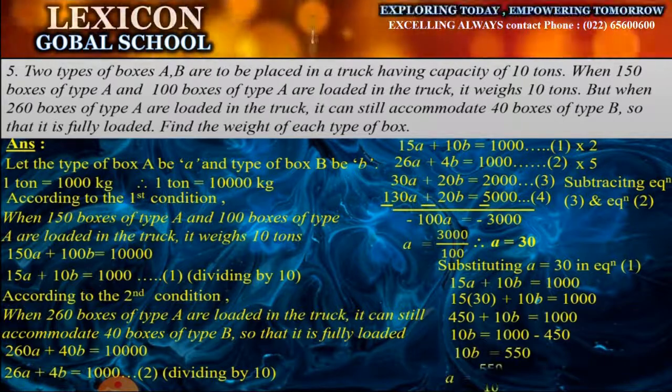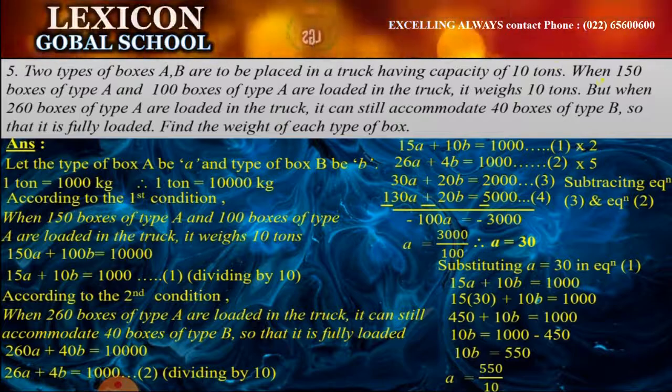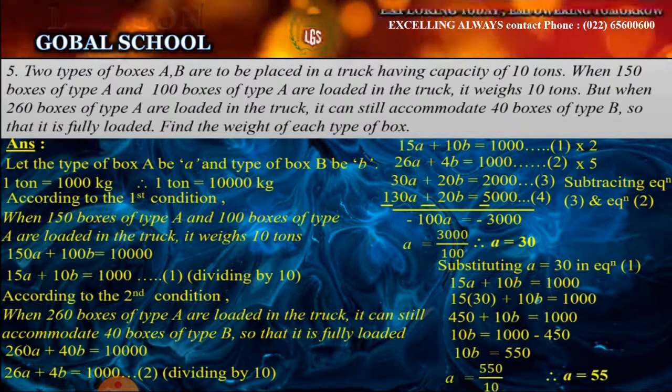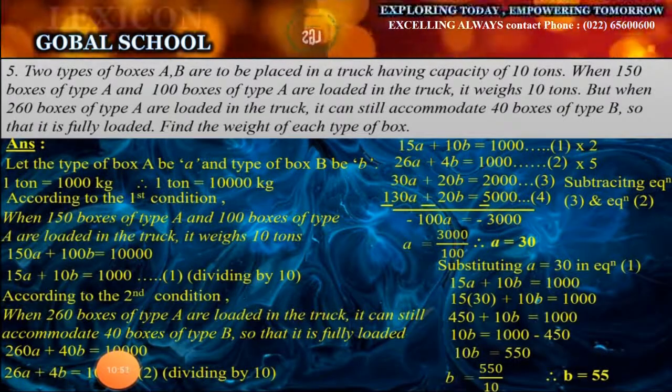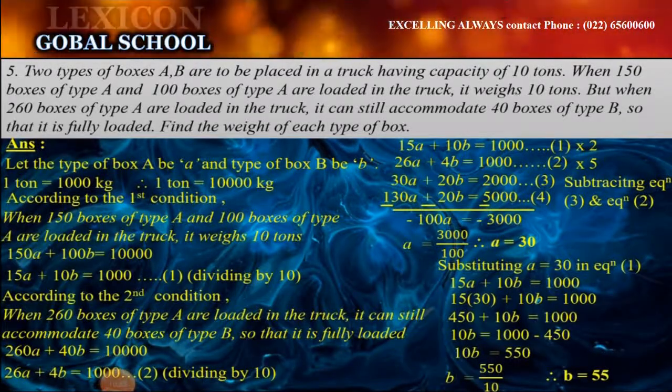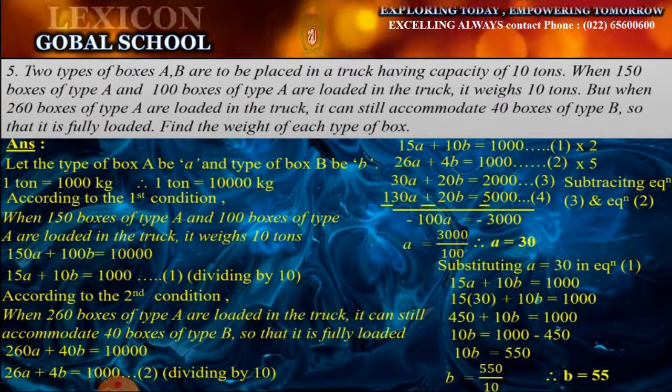Therefore, B is equal to 550 upon 10, therefore B is equal to 55. That means the weight of box B would be 55 kg.